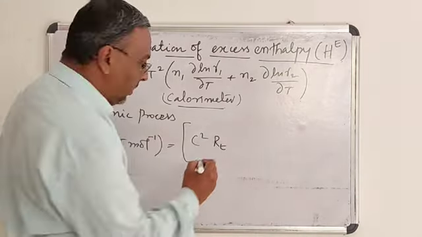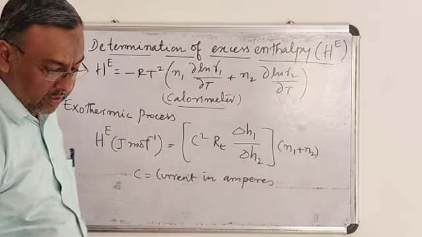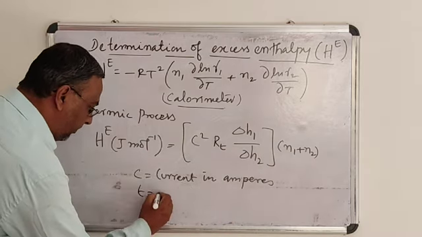What is the C? C is the registered current in amperes passed for a time t seconds. T is the time.